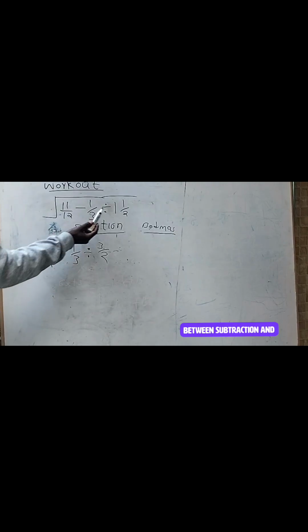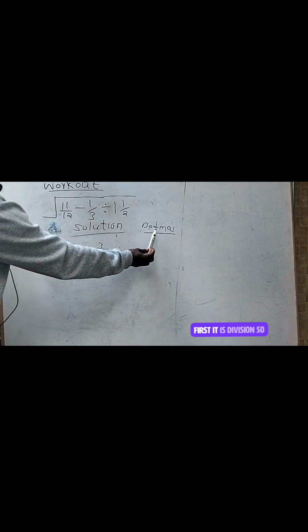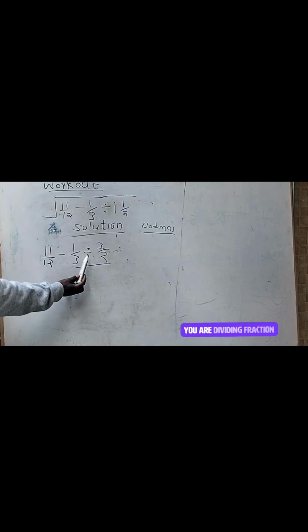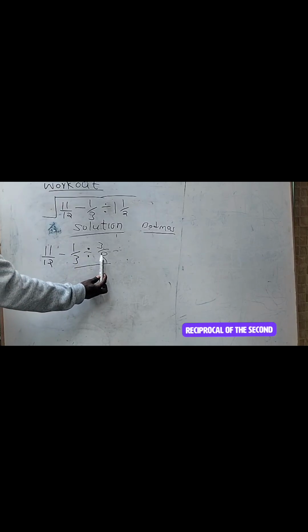In BODMAS, between subtraction and division, which comes first? It is division. So we start with the division. And we know when we are dividing a fraction, we multiply the first fraction by the reciprocal of the second fraction.